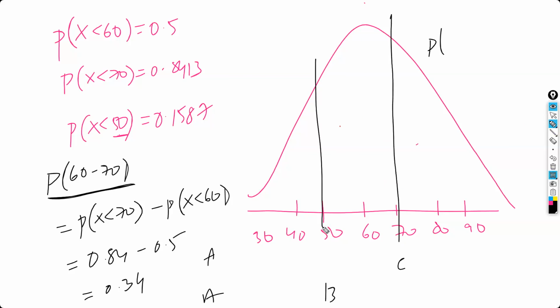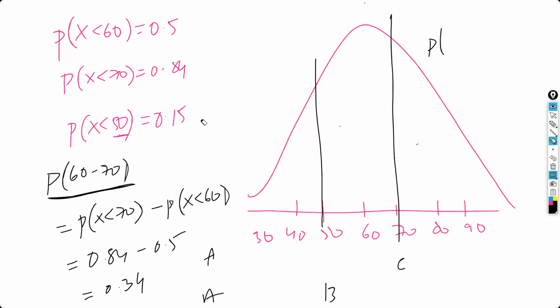Now tell me, you already calculated the area up to this point, 0.84, and up to this one, 0.1587. If you subtract, what is the area between them? 0.68. So consider up to 2 decimals. Unnecessarily don't go with 4 decimals.